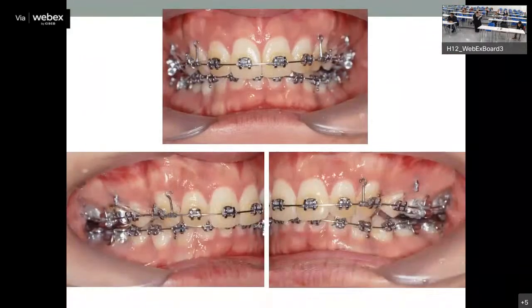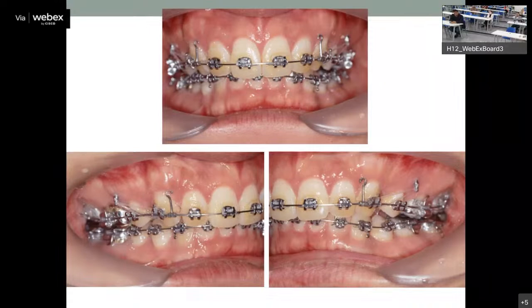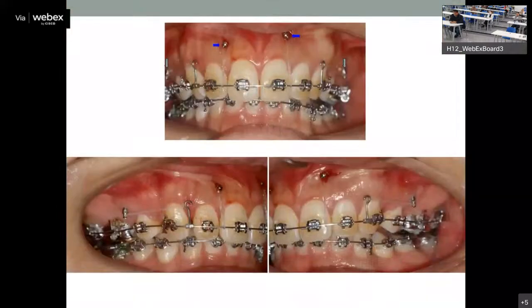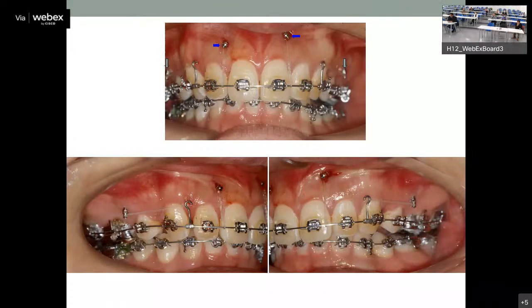Again, here the space is closing on both sides, and the molar relationship is still class 2, class 1. The space is almost closed, but the overbite is still somewhat increased. So we decided to put two microscrews in the anterior region between the central incisor and lateral incisor and apply intrusion force to the upper labial segment.